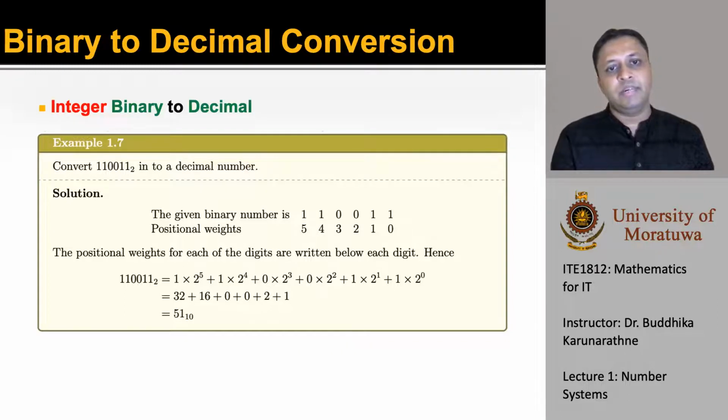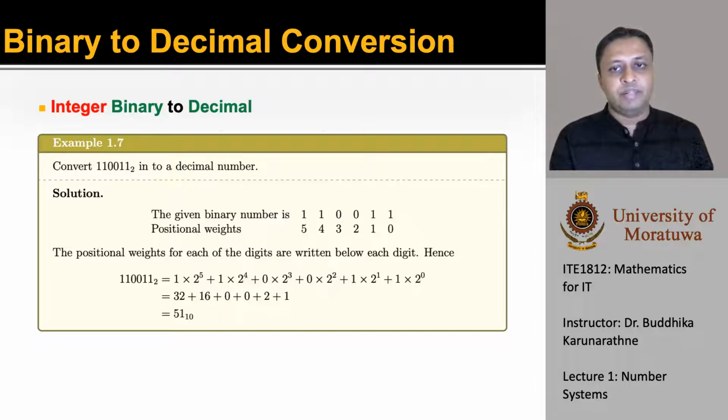We write down the given binary number, which is 110011, and we also write down the positional weights. So what are these positional weights? You put 2 to the power 0, 2 to the power 1, 2 to the power 2, 2 to the power 3, 2 to the power 4, and 2 to the power 5.